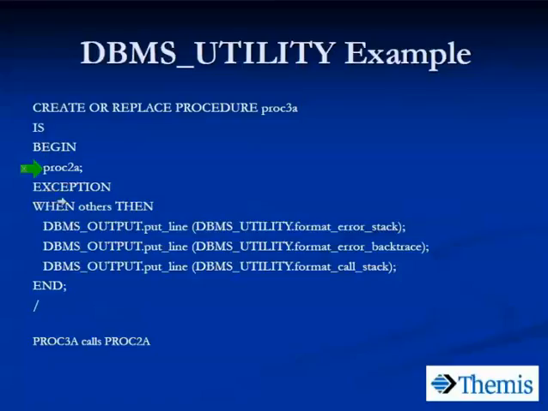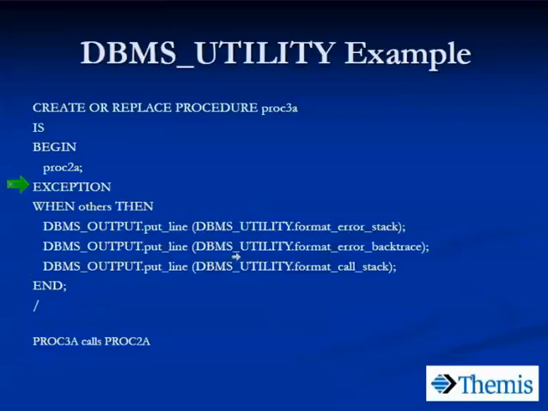And notice here in my exception section, I've got a call to the error stack, I've got a call to the error backtrace, and I've got a call to the call stack. So it's pretty common from one place to another, and you guys might be doing this, or maybe not. Maybe you've seen it in some other code that you're not responsible for.